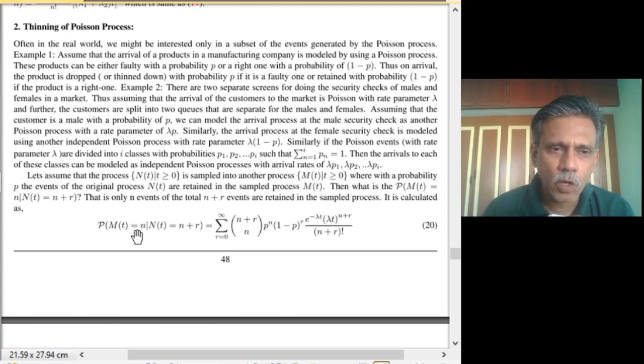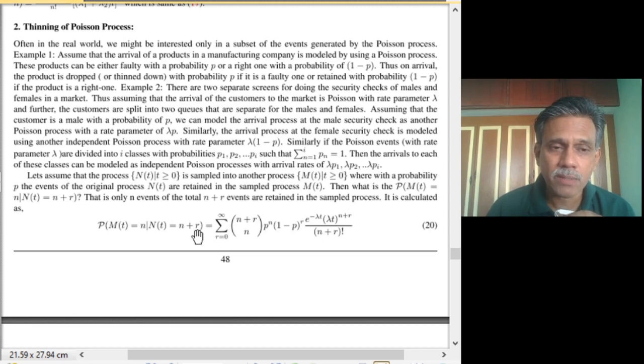In an interval 0 to t, what is the probability that n will come into the sampled process? That can happen when there are totally n plus r events that have occurred, out of which n have gone to the sampled process, r being removed, where the r itself can be anywhere from 0 to infinity.